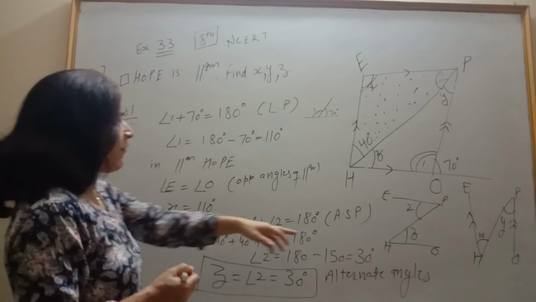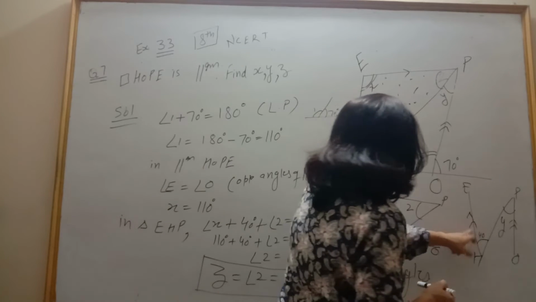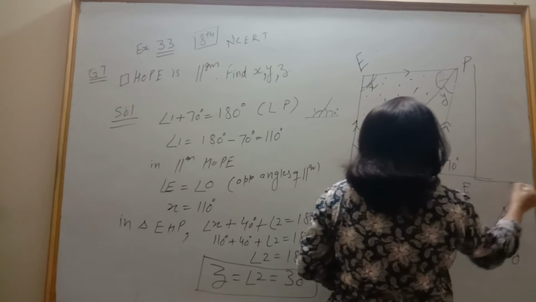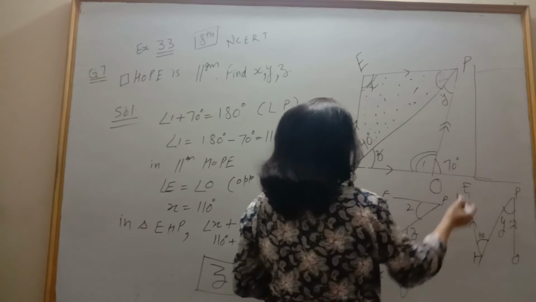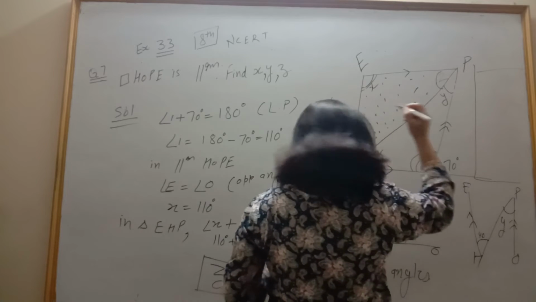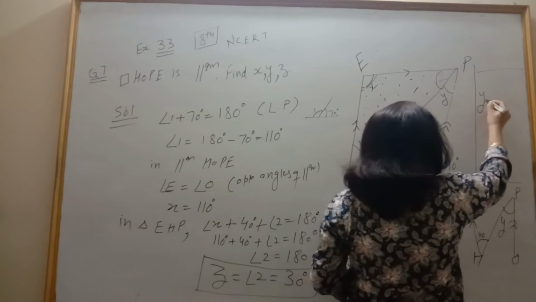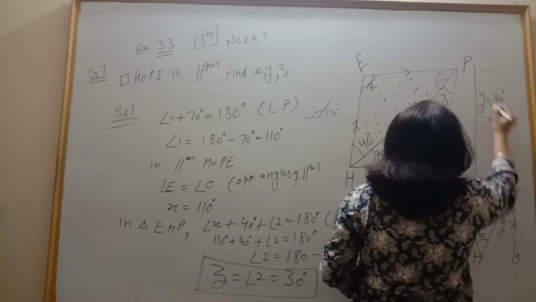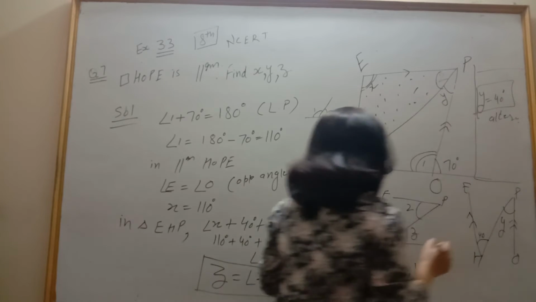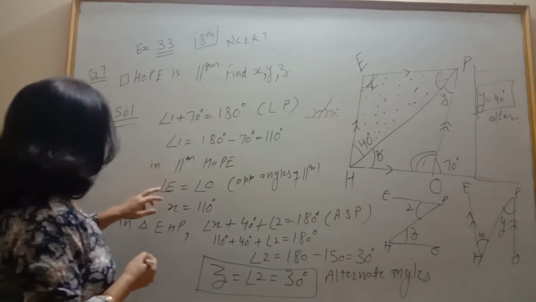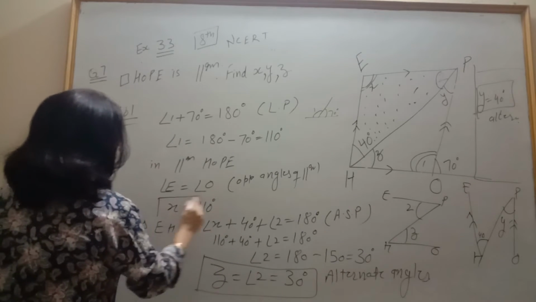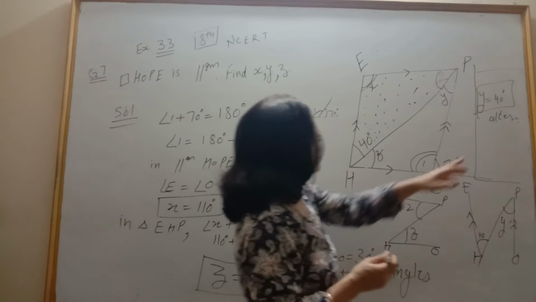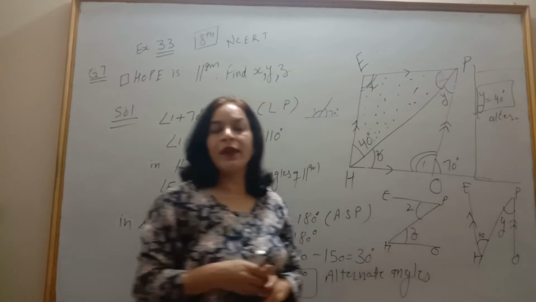So angle Y will be equal to angle 40. Angle Y is equal to 40, again alternate angles. So we find here angle X 110, angle Z 30 and angle Y 40 degrees.